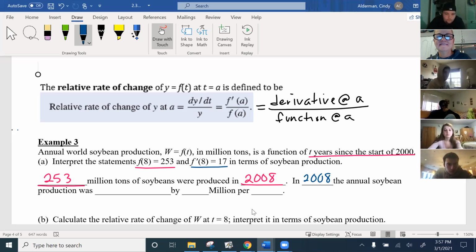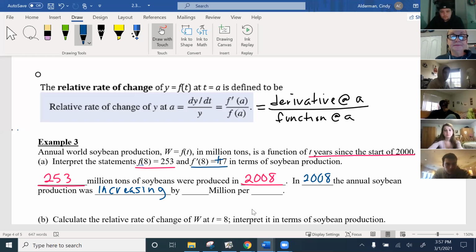So they're both positive numbers. You're exactly right. This means increasing. Remember, the derivative is the rate, right? The rate is a positive 17, so that means increasing. If that was a negative, then you would say decreasing.